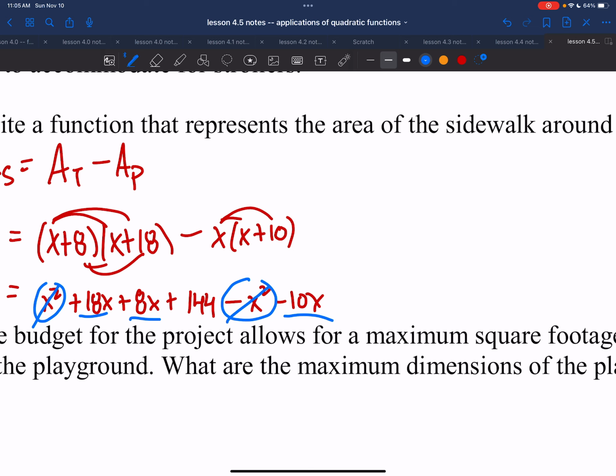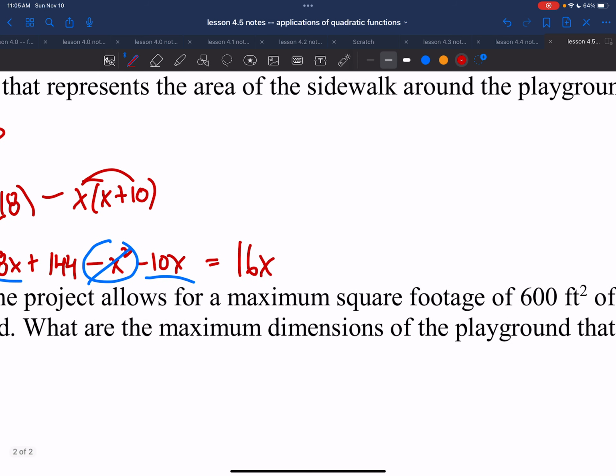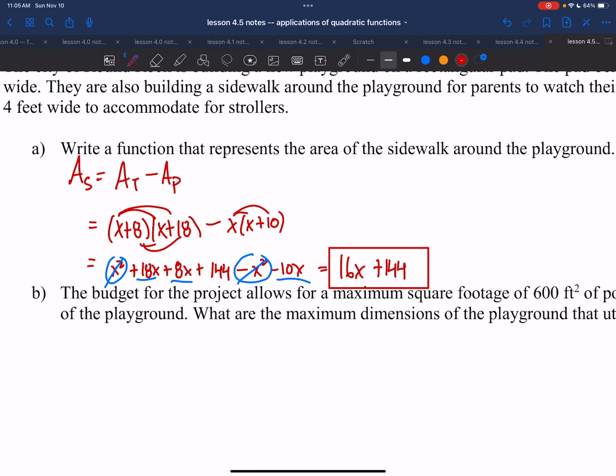So if I add all that together, then I just have 16x and then plus 144. Okay? And that works. And so that is the area of the sidewalk around.